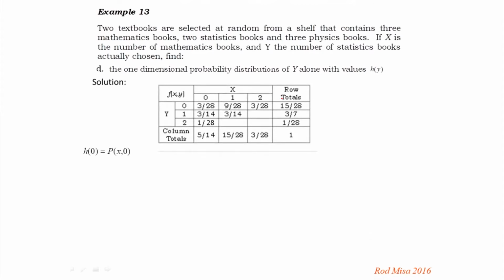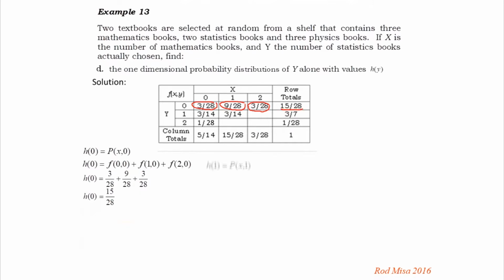Our h of 0 has our y of 0 added to this probability value because the y is 0 but our x is 1, as well as the probability of 3 over 28 because this has a y of 0 but the x is 2. So enumerating their probability values, we have 3 over 28 plus 9 over 28 plus 3 over 28. Adding the three fractions, we have 15 over 28, which can be found in this row total here.